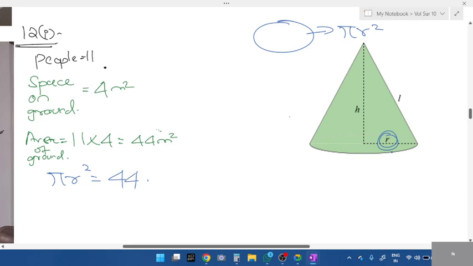That's the concept. Just go through what I've written. People 11, space on ground 4, area of the ground is 44 meters square. We know the area of ground formula. Ground is in the circle shape. Pi r square. Find the value of r, all of you.